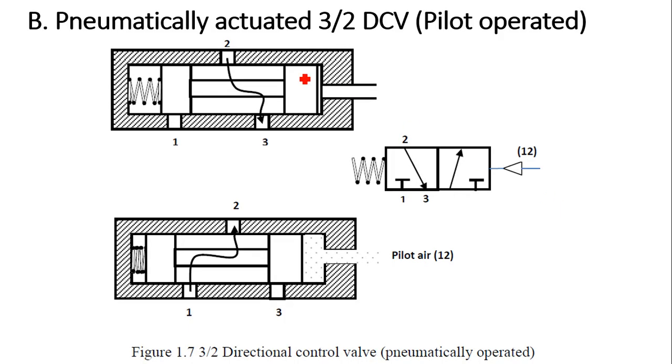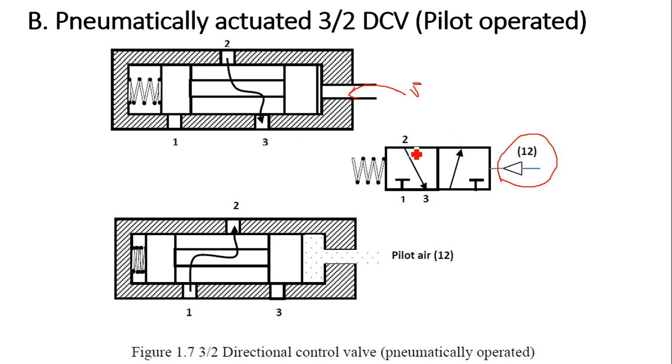If I say pneumatically actuated, that means there is a pneumatic pressure signal, a pressurized air signal coming which will change the position of the spool. Here I have to supply some high pressure air, and this high pressure air will push the spool, overcoming the spring force and uncovering port 1. 1 is connected to 2 and 3 will be covered, so 3 will be disconnected.